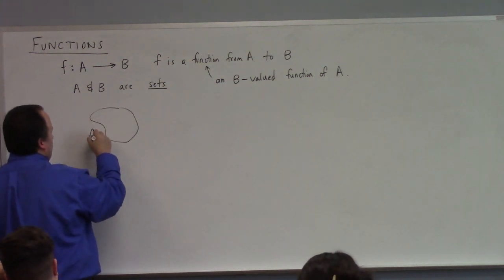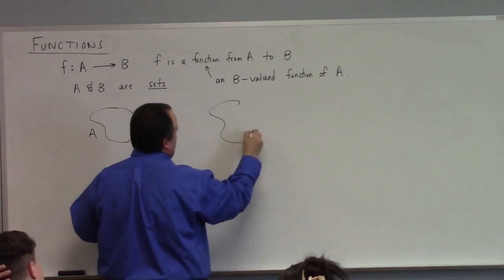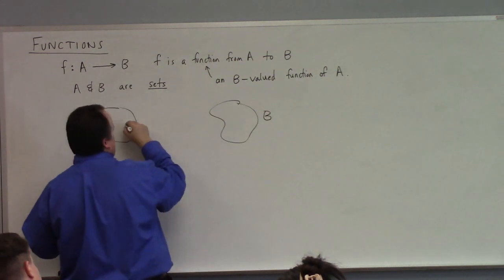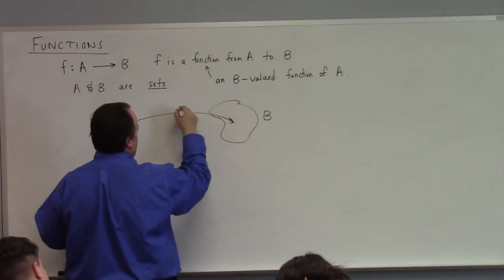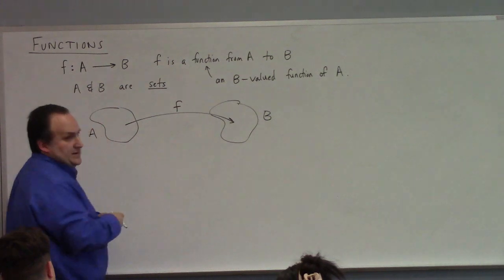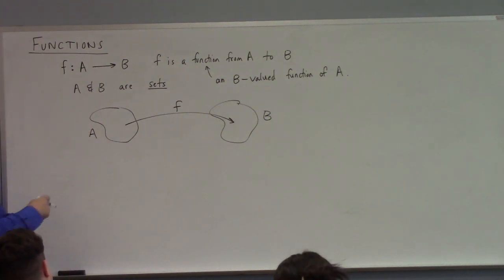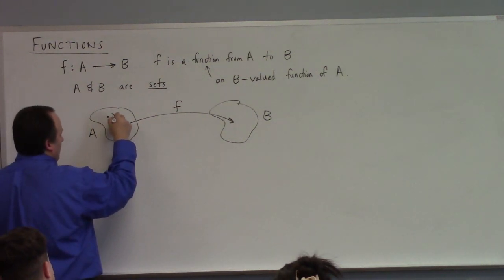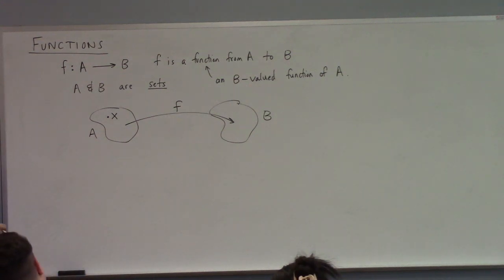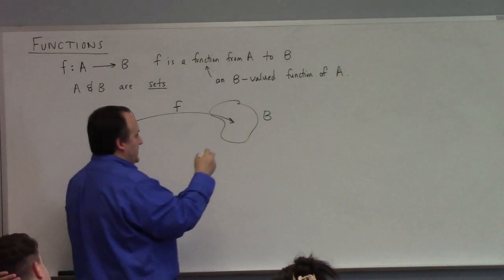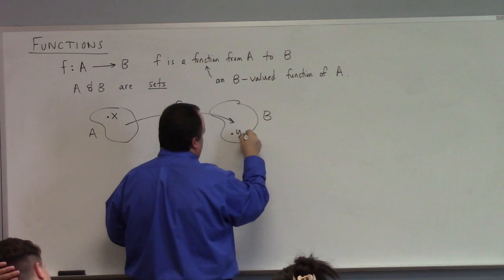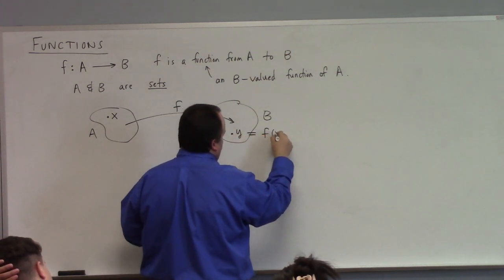You can think of it like this. Here's a, right? Over here is b. And what f is, it's a mapping that goes from one thing to the other. So what happens is you have x over here, all right? And the function takes x and it maps it over here to y equals f of x.